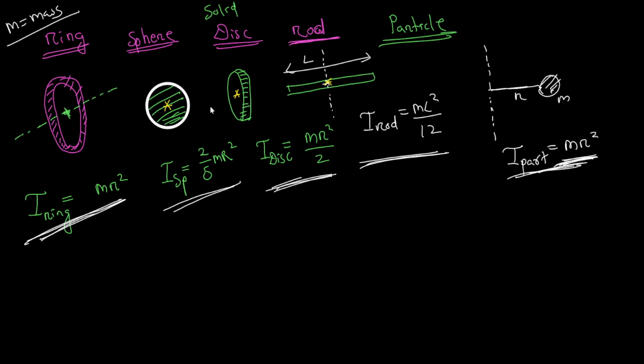But if I change the reference axis, what will happen? See, if over here I take the axis like this, suppose this axis is called y. This one was gg, the axis passing through the center of gravity, the Ig axis.